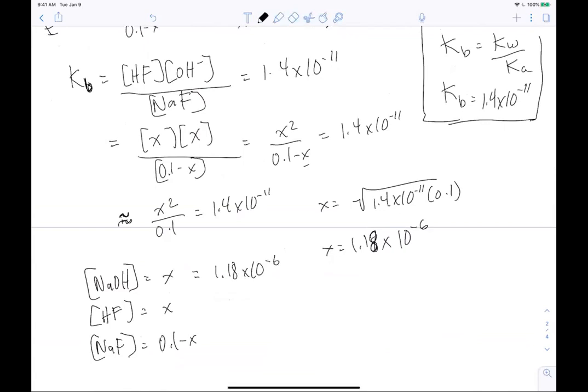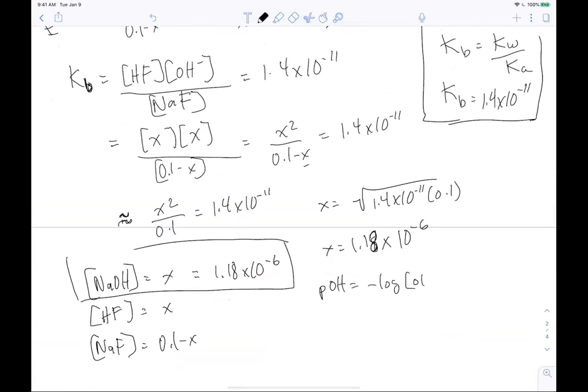But this allows us to calculate the pH now. If the hydroxide concentration is 1.8 times 10 to the minus 6, we can quickly calculate the pOH by taking the negative log of that.